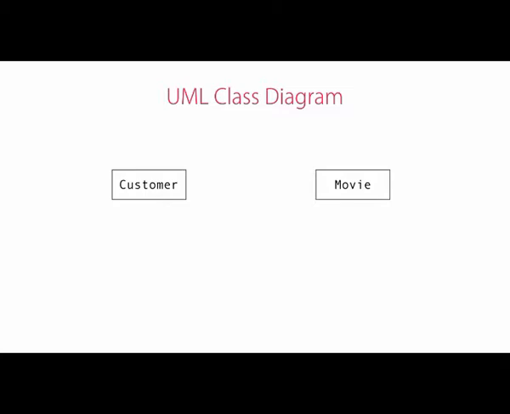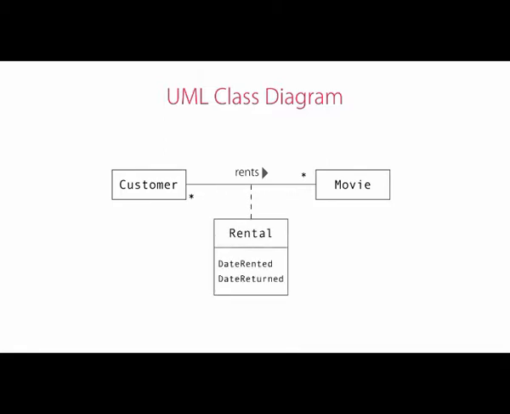Now look at this diagram. A customer can rent many movies, and a movie can be rented by many customers. So we need a many-to-many association between these two classes. Now here's the interesting part. The association itself needs attributes. So when a customer rents a movie, we need to know when they rented that movie and when they returned it.